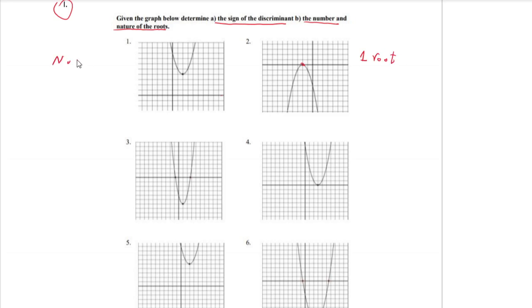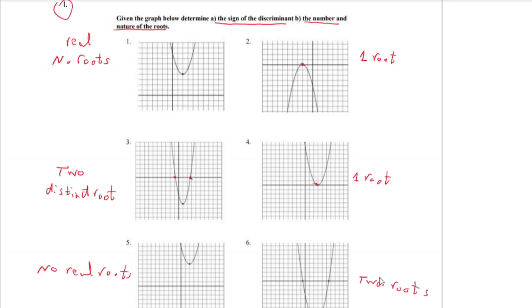Here, no roots, since it doesn't touch the x-axis. If it touches the x-axis in two points, two distinct roots. Here it's one double root, here no real roots, and here two roots. It's just like that.